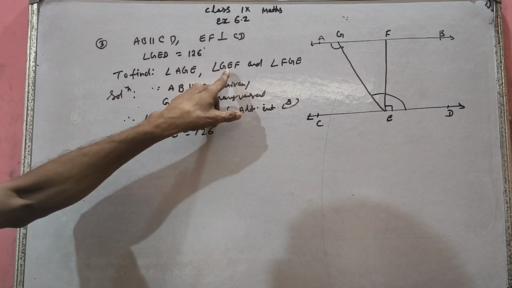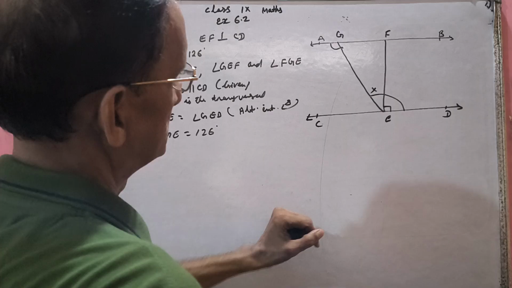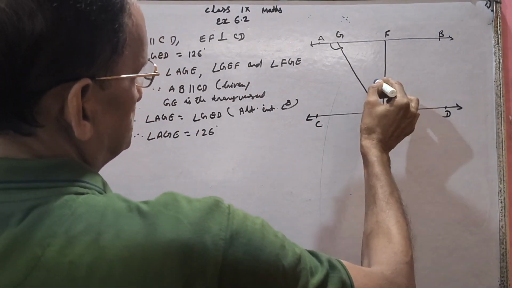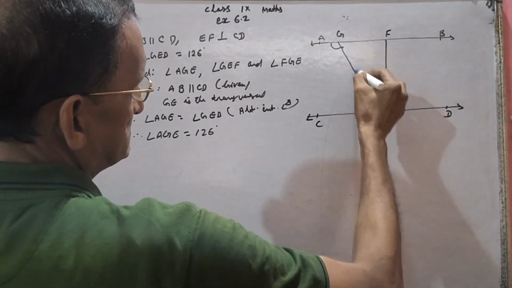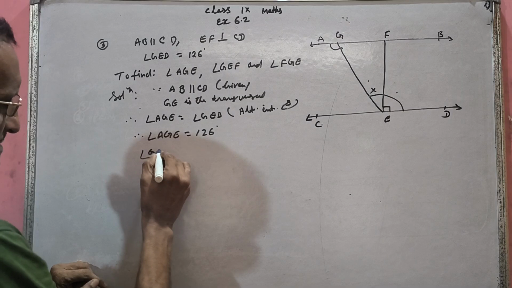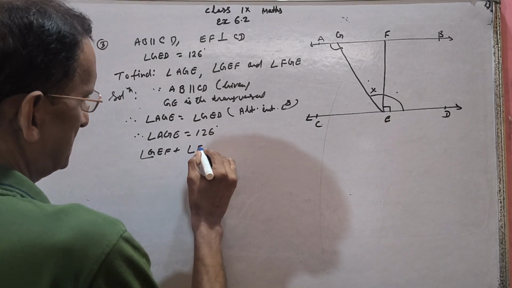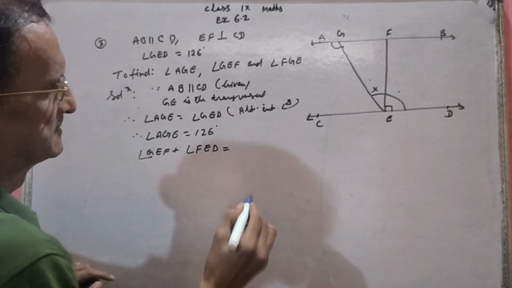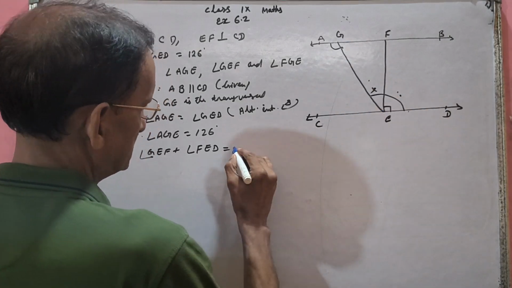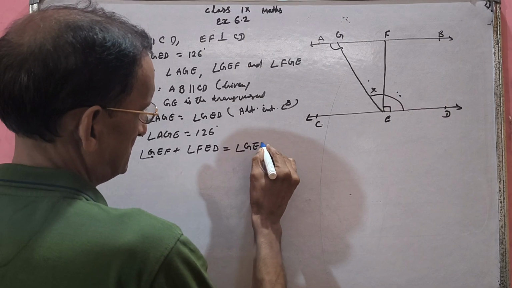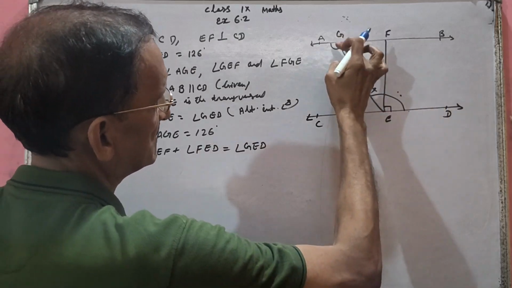Now next target to find GEF. GEF, this angle. So this angle, angle GEF, plus angle FED, you will add this angle and this angle, you will get this angle, which is angle GED. This reason is not needed because from the figure it is clear.